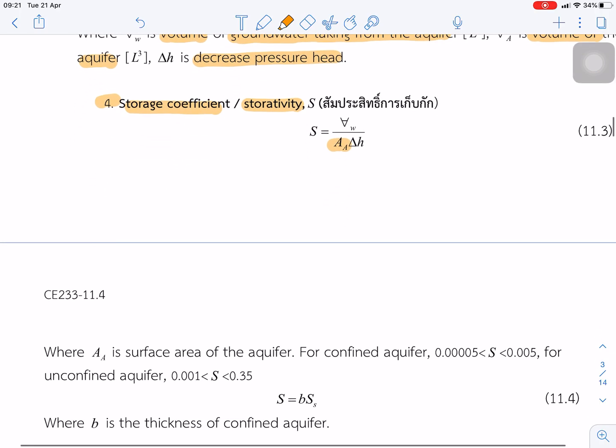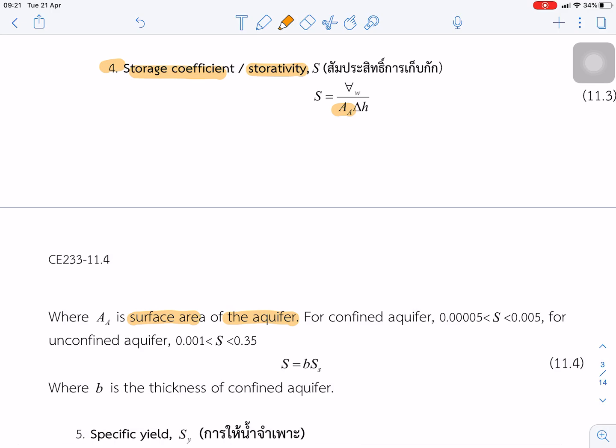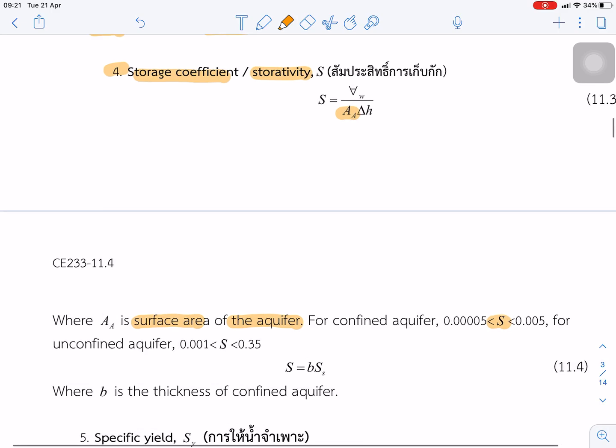A sub A is the mean area of the aquifer. For the confined aquifer, we expect the storage coefficient is very small, and for the unconfined it is a bit larger. So we expect that the unconfined aquifer contributes more water than the confined aquifer, with the same area and same pressure drop.